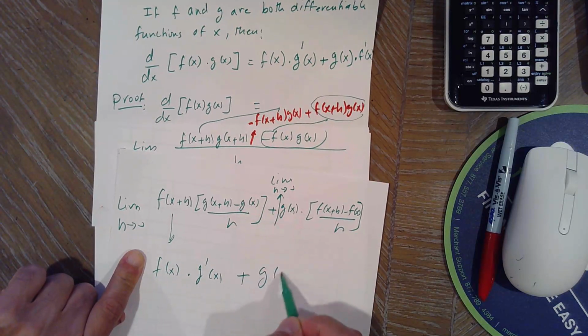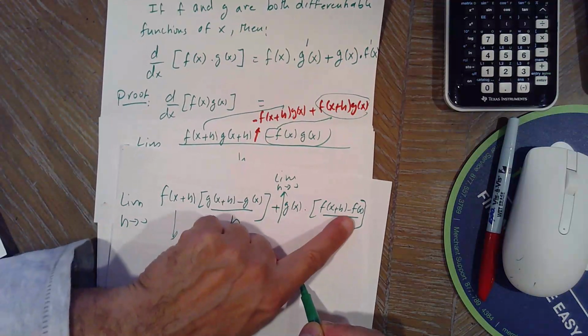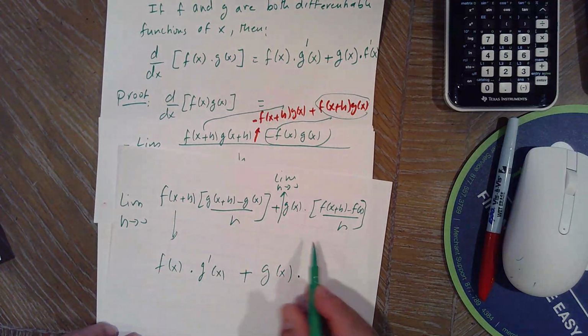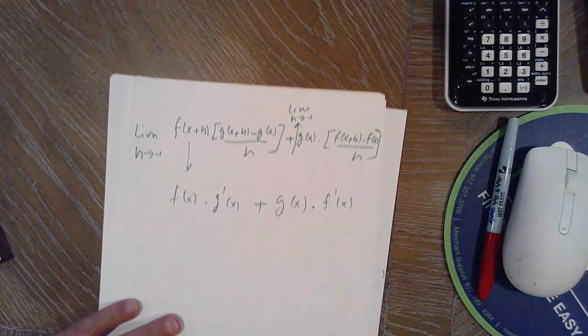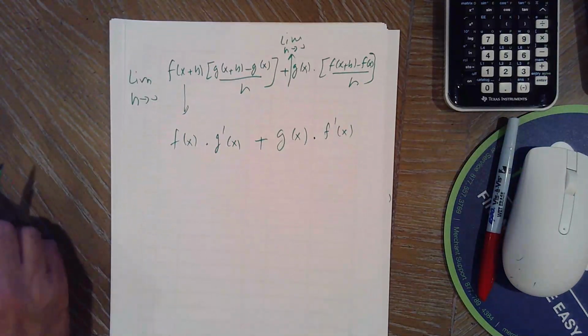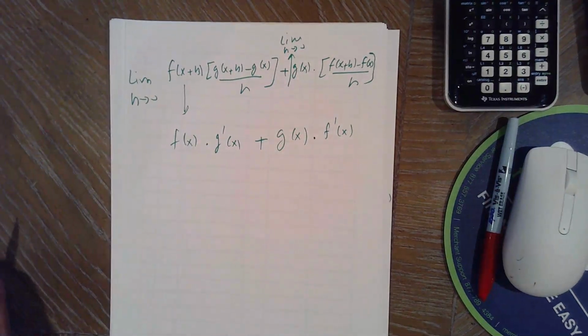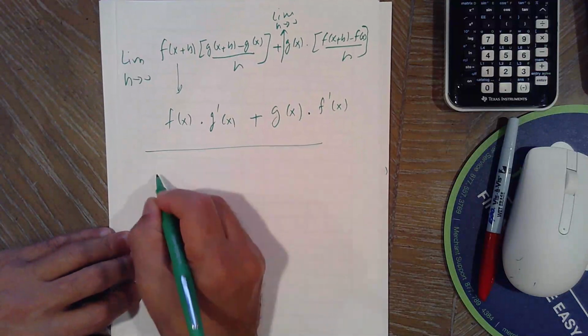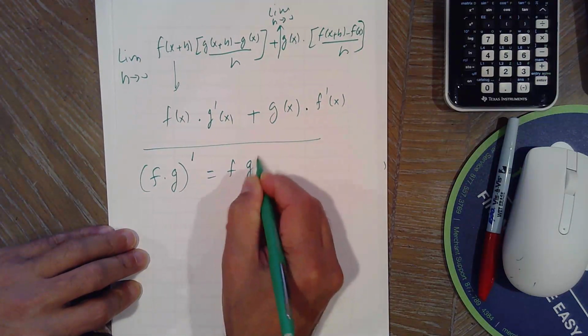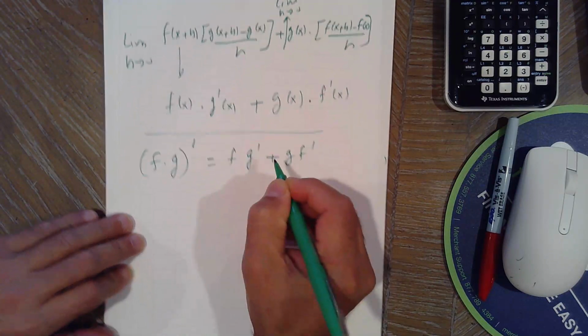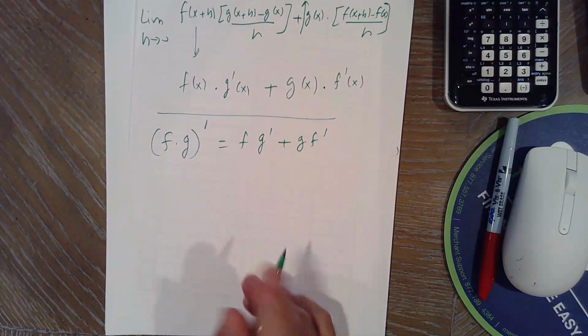This is g of x times the limit of f of x plus h minus f of x over h, as h goes to 0, which is f prime of x, and that's the product rule. So as a shortcut, f times g prime is f g prime plus g f prime, without the x's and all these notations.